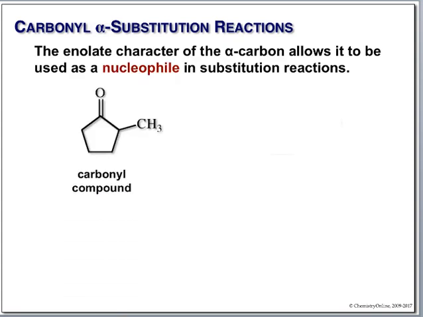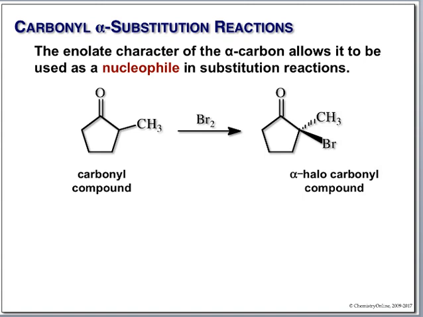Here we have a cyclopentanone with a methyl group on carbon 2. We will see that we can take this, because this has an enol character at the alpha carbon, we can convert this into something like a bromo carbonyl.